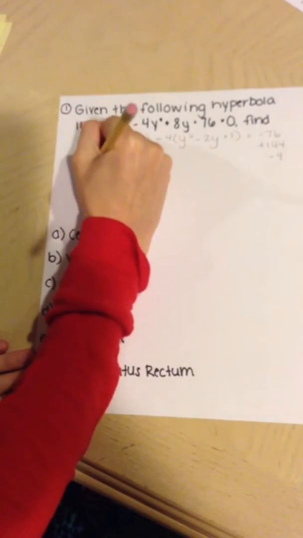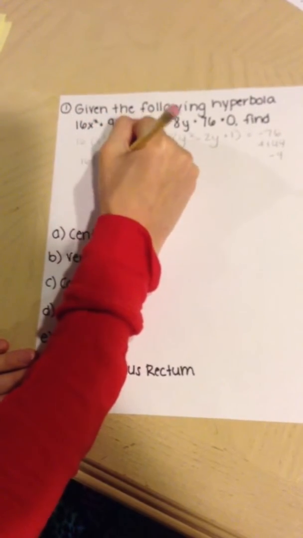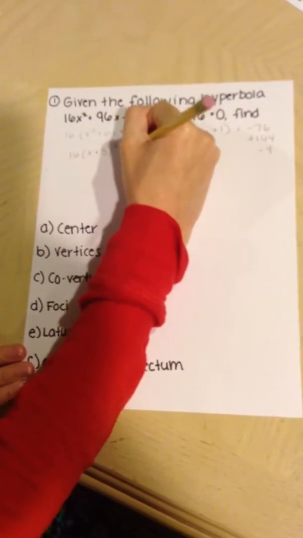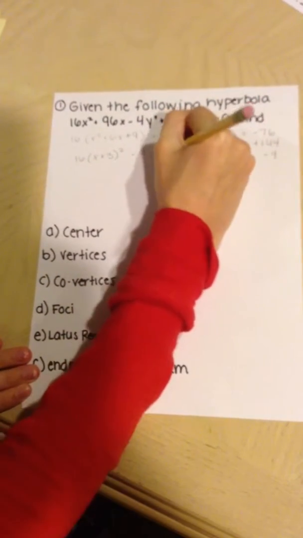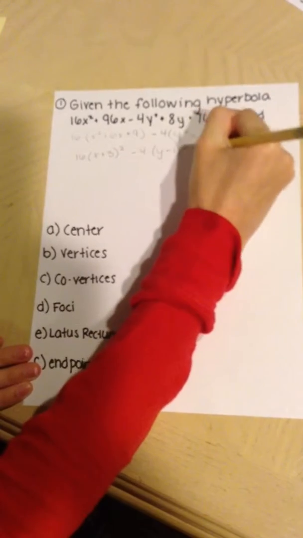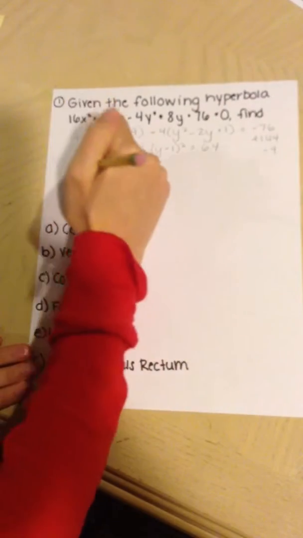So then 16(x plus 3) squared minus 4(y minus 1) squared equals 64.